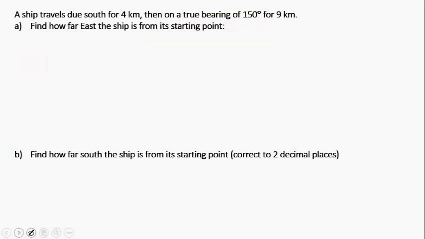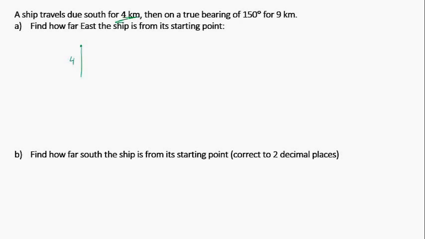Okay, this is an example of a word problem, and you're going to need to be able to draw yourself a diagram in order to complete these questions properly. We've got a ship, and it travels due south for 4 kilometers. Due south means if I start here, I'm going straight down like that. That distance is 4 kilometers.